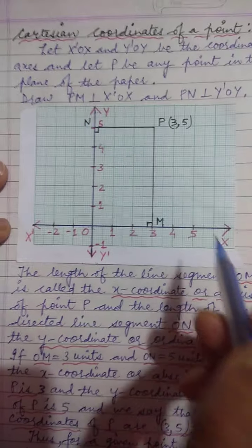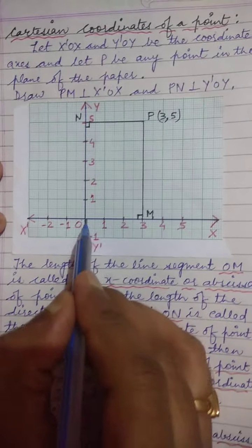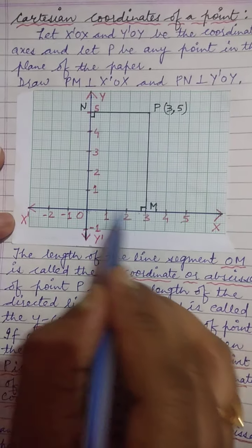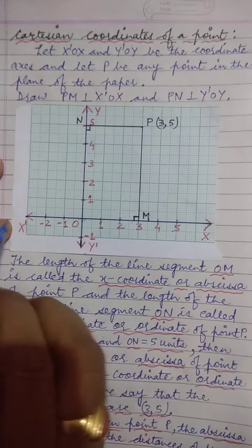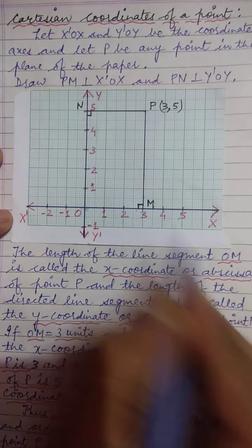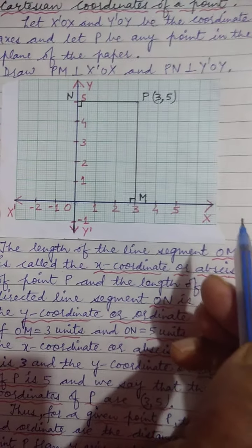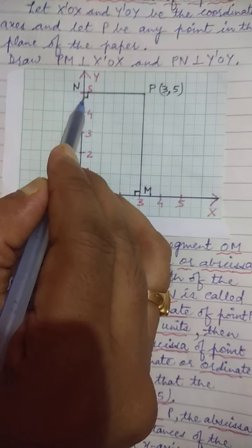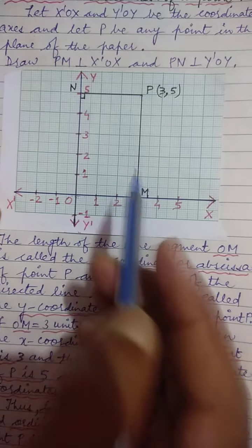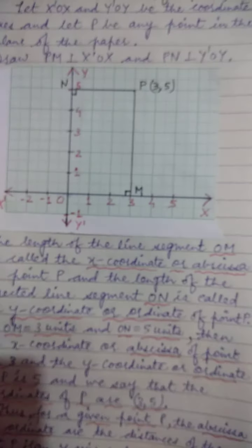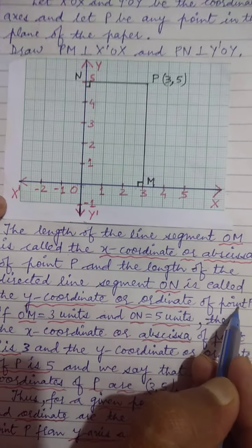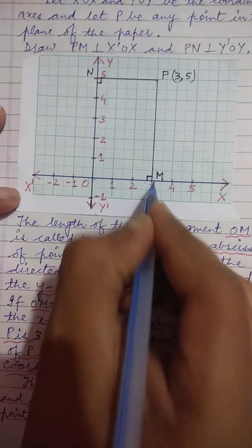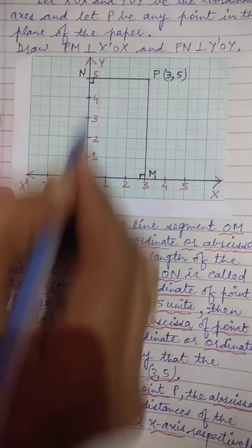Now the length of the line segment OM is called the x coordinate or abscissa of the point P. And the length of the directed line PN, which is perpendicular to the y-axis, is called the y-coordinate or ordinate of the point P. Now you can see OM is 3 units and ON is 5 units.